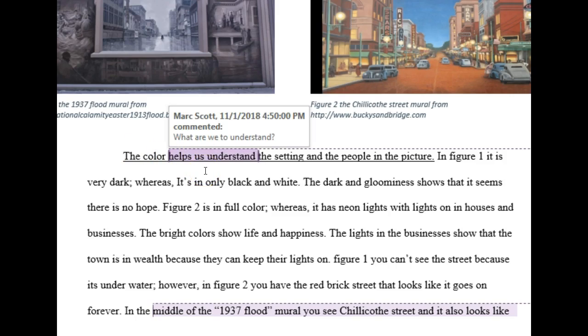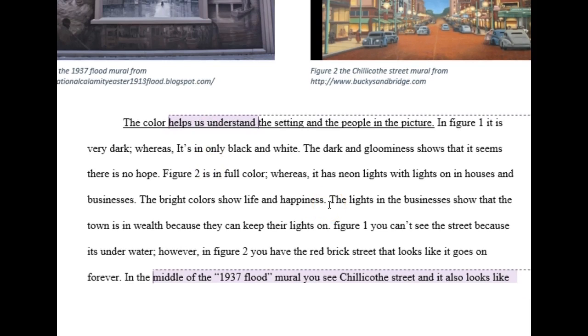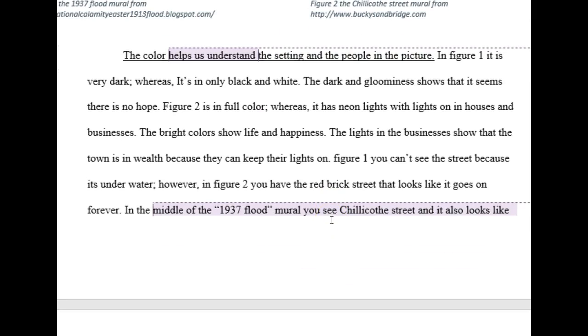You write things in here that make me want to ask you questions, like I have this here in my comment, like what is color trying to help us understand about the people in the town? And I think answering questions like that can get you to a thesis statement that can be pretty powerful.